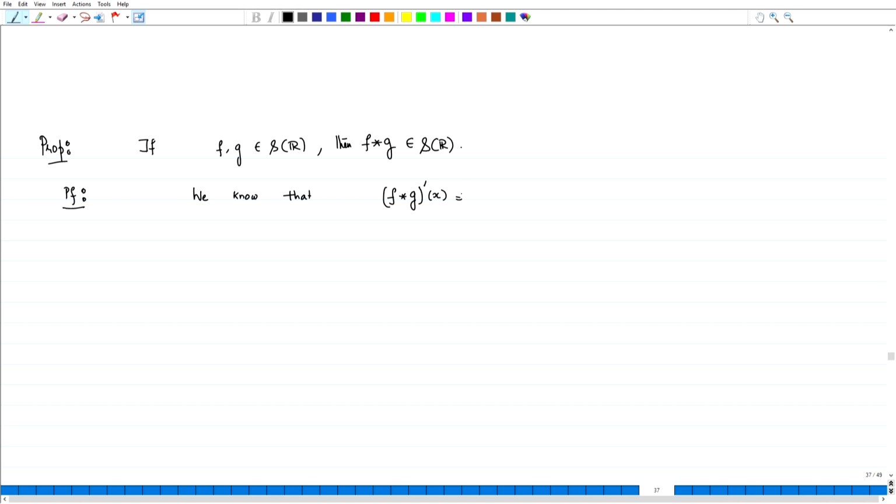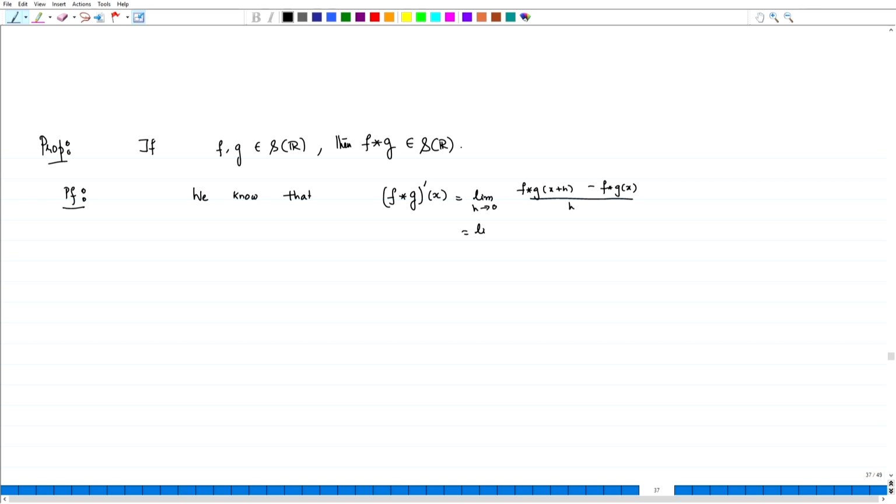This we have seen in the circle also; the proof is exactly the same. I will just sketch it to recall. This is the limit as h goes to 0 of (f * g)(x + h) minus (f * g)(x), divided by h.